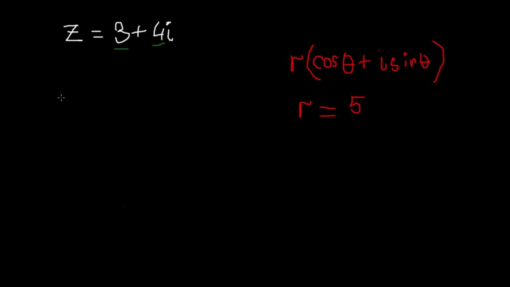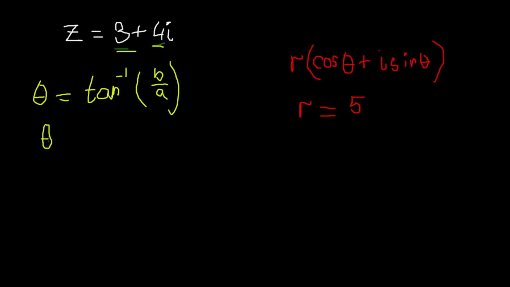For theta, we can use the formula given before. Arctan of b over a. This is our a, this is our b. So we just plug them in.